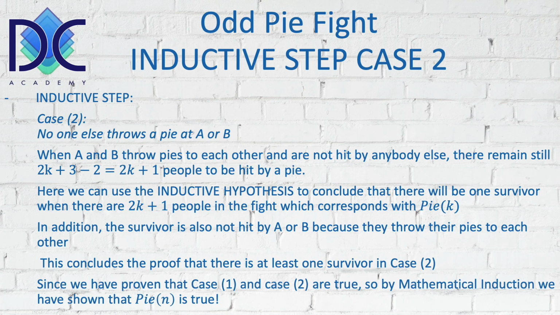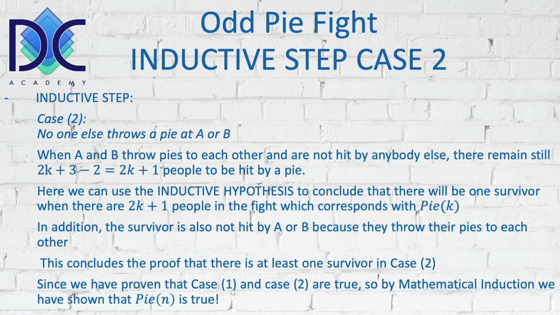So basically what we have done now, we have proven the inductive step for case 1 and for case 2. So it means by mathematical induction, we have shown that the statement P(n) is true for all positive integers. So when we have an odd number of participants, whatever n is, we will always have one survivor of the game.